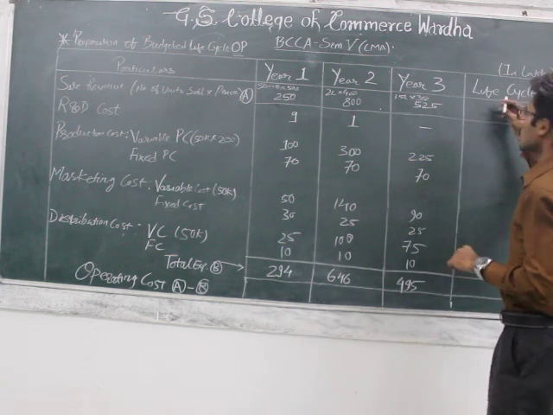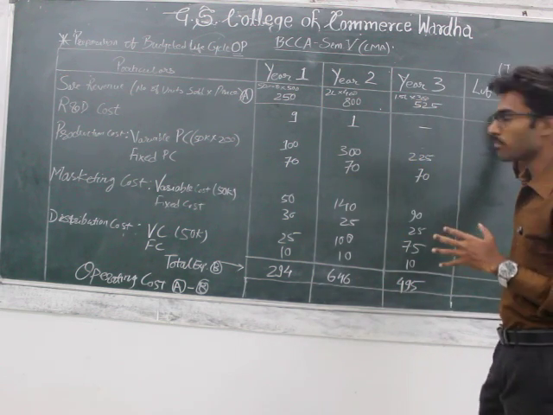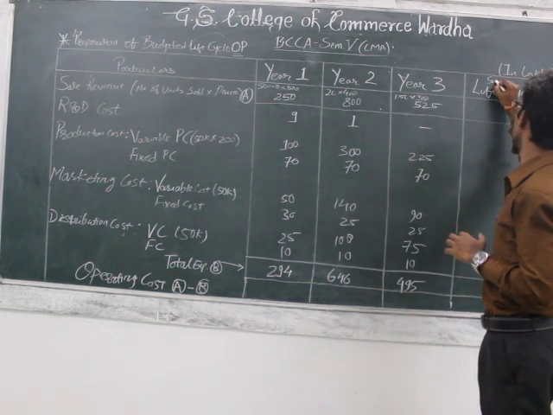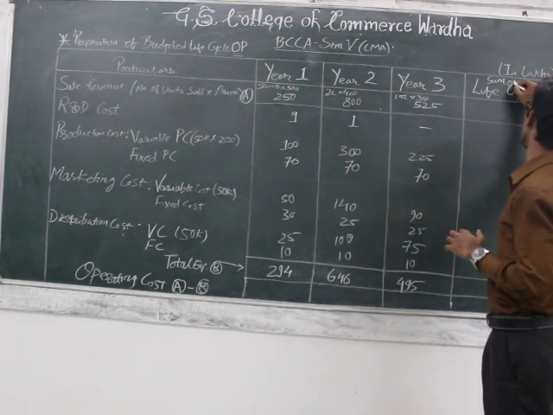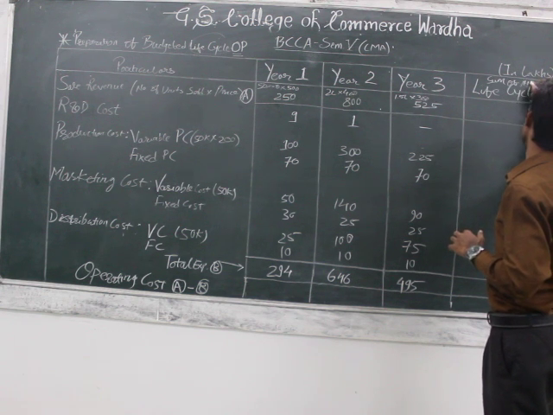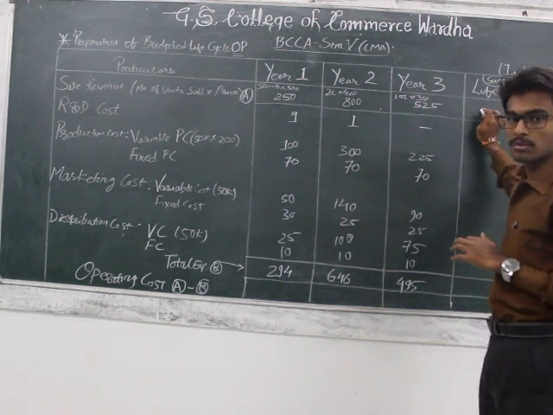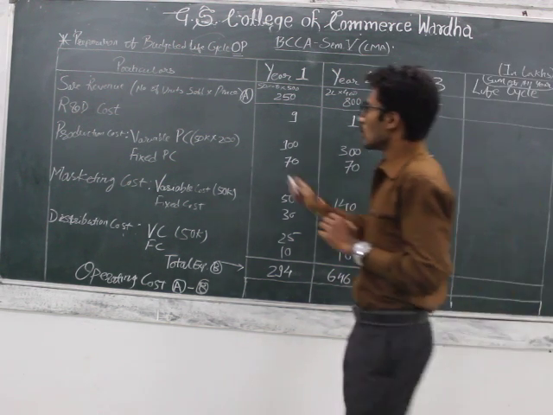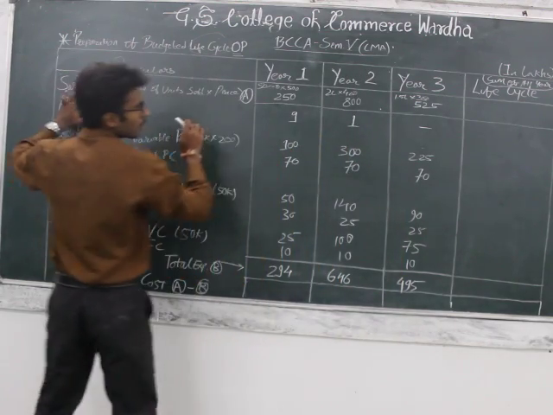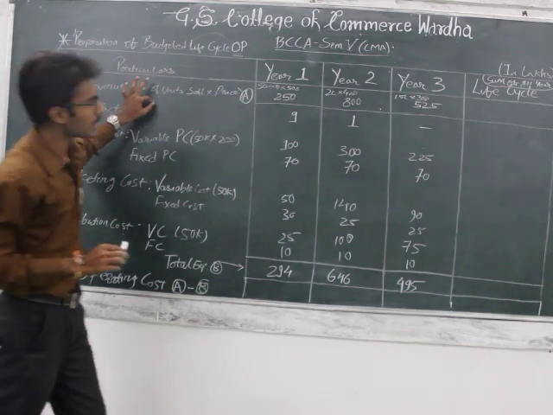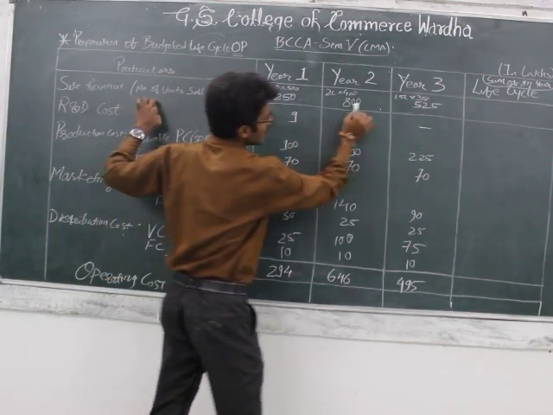You can make a temporary formula: life cycle is the sum of all years. Life cycle costing will be calculated by adding these three columns.